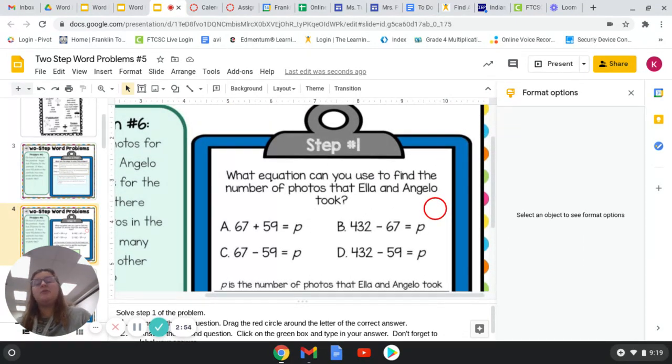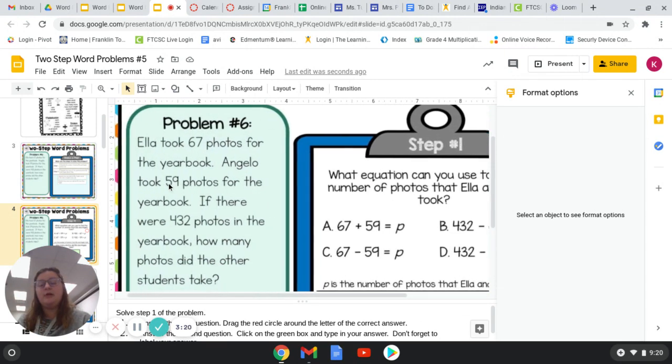Remember yesterday's assignment, you were making the equation. Today, they gave you the equation. All you have to do is move this circle onto the right letter. It's asking, what equation can you use to find the number of photos that Ella and Angelo took?